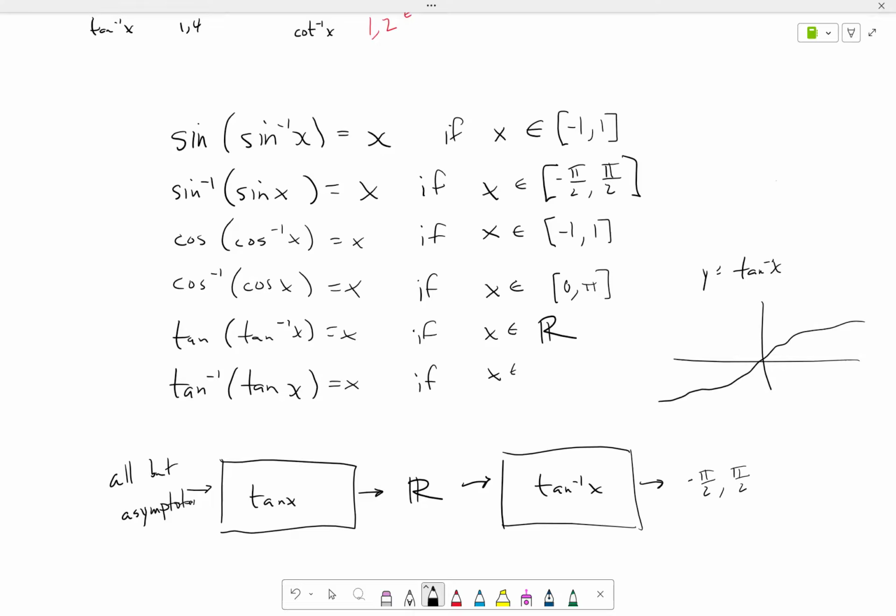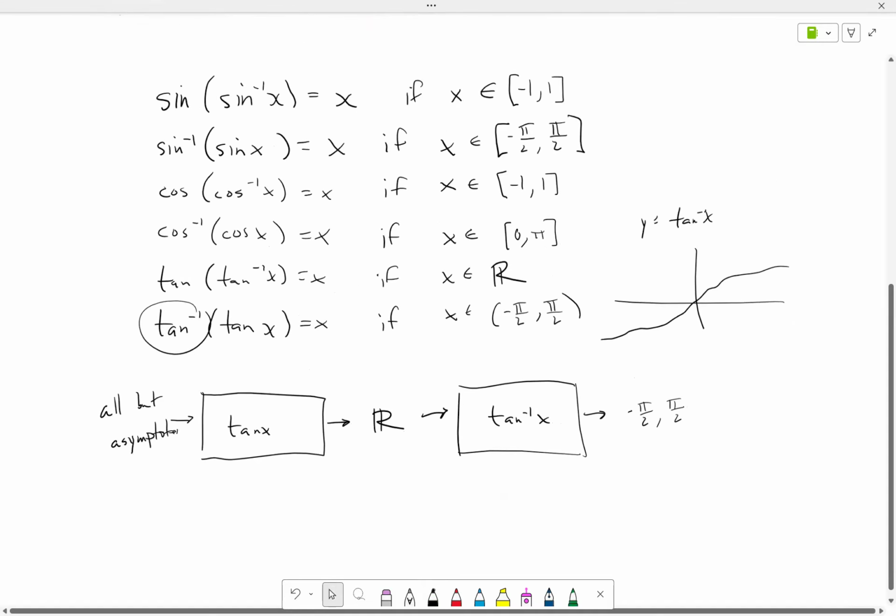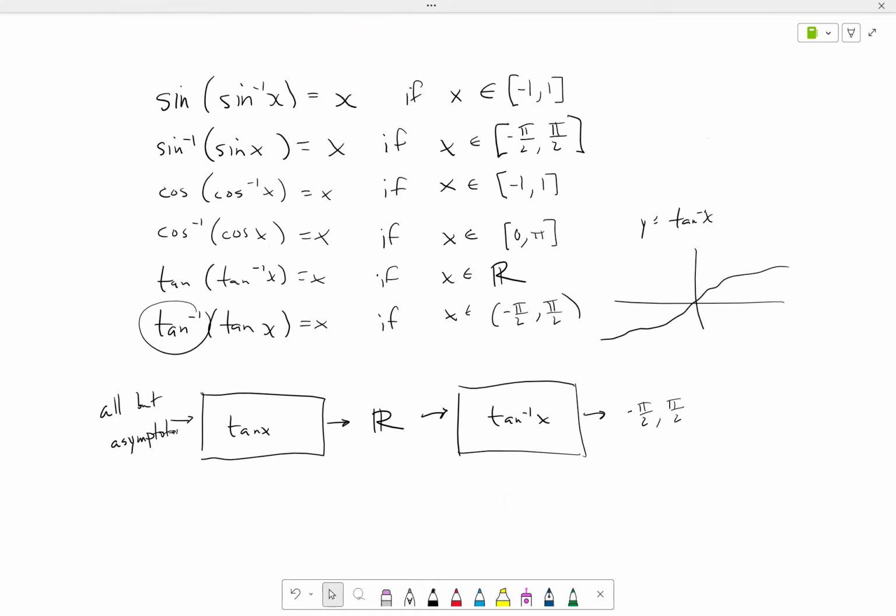So again, this is a tan inverse problem, so we just have to be careful. Those are the horizontal asymptotes now. So we couldn't plug in pi over two. That's so powerful, it can't come out. Let me make it clear that this is non-inclusive of asymptotes. Good catch, Emma.